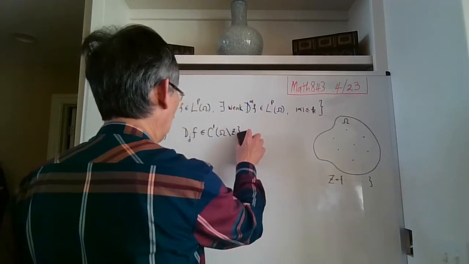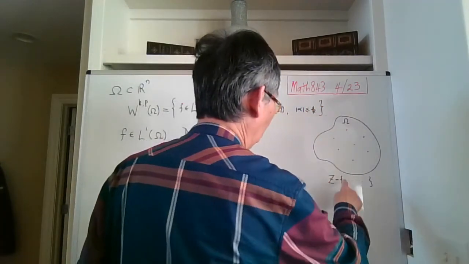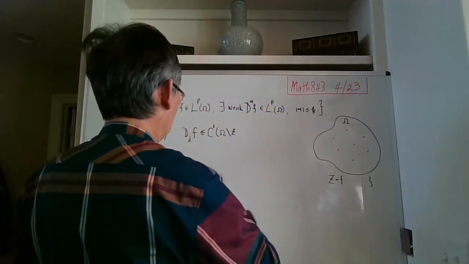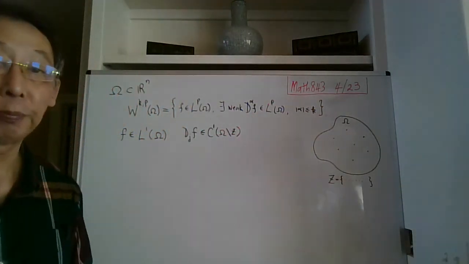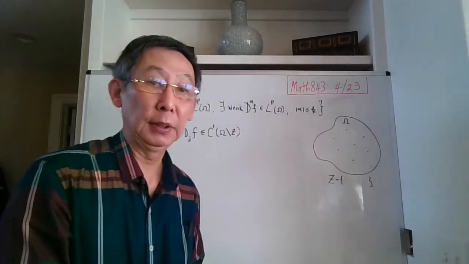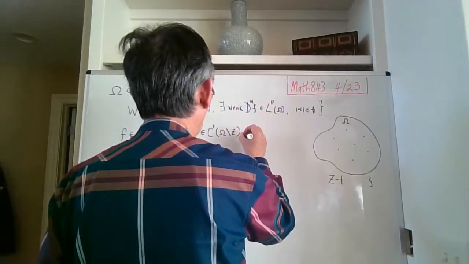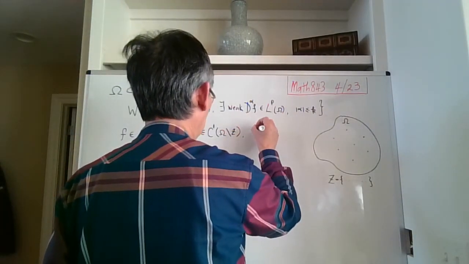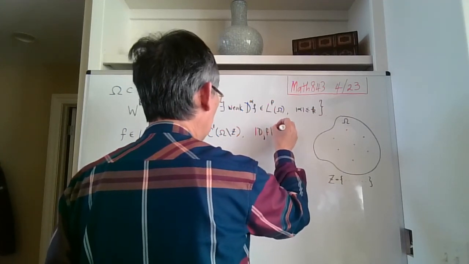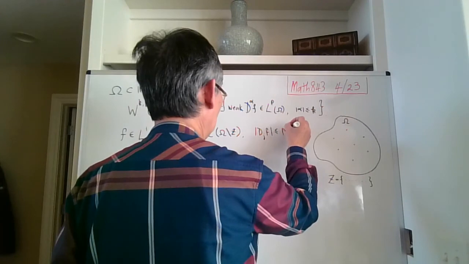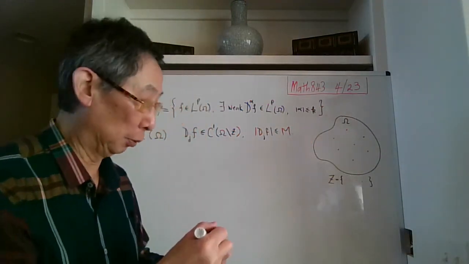But away from Z, away from these 7 points, the function is continuously differentiable. Now for simplicity, let's assume that D_j f overall is bounded by some constant M. This is a very simple assumption.